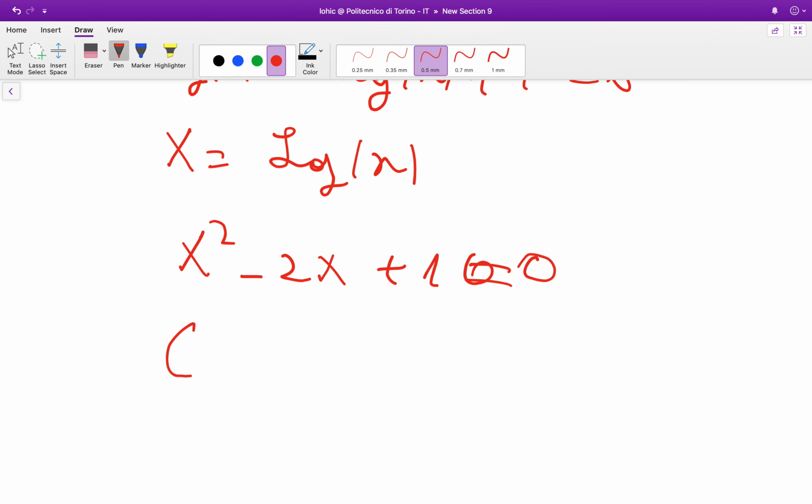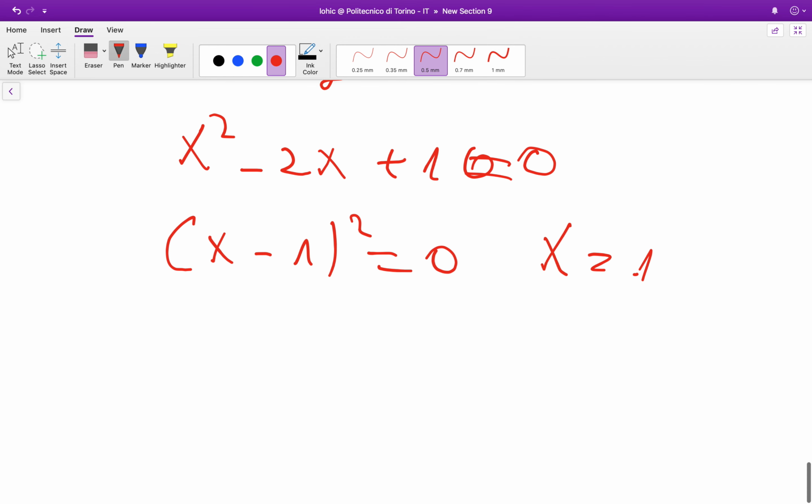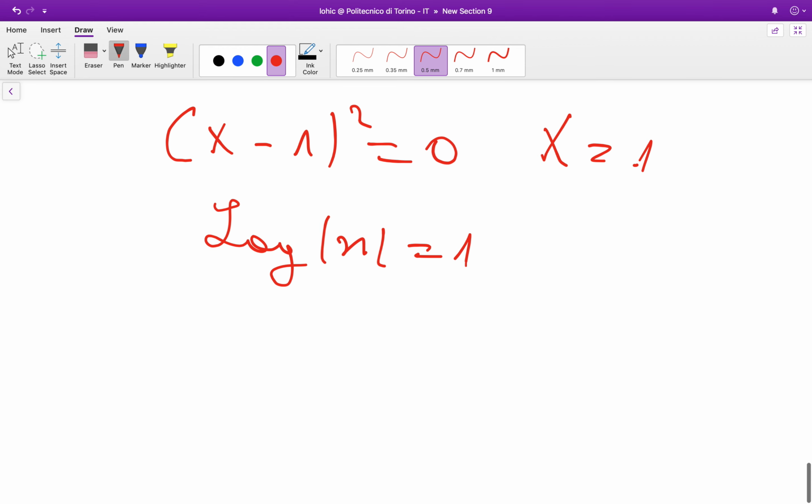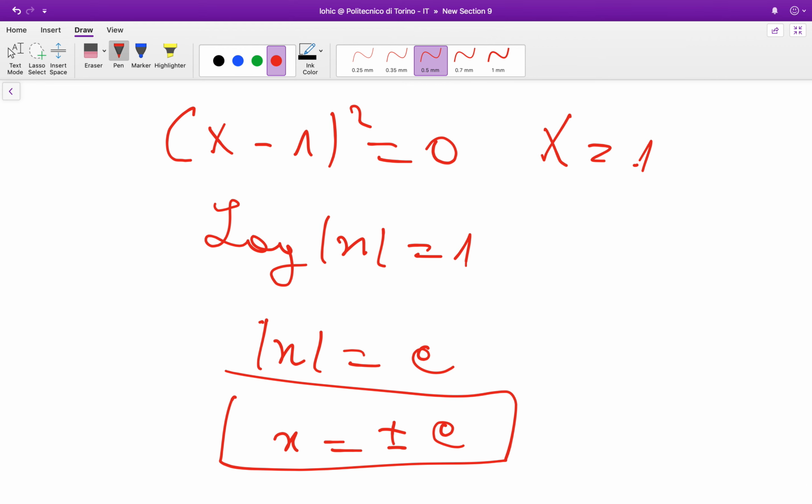But this is (X minus 1) squared equal to 0. So big X is just equal to 1. As big X is 1, we get that the logarithm of absolute value of x is equal to 1. We apply the exponential and we get absolute value of x is equal to e. So x is plus or minus e. Okay, this solves this question. And this is the end of this recording section. We continue in the next video.